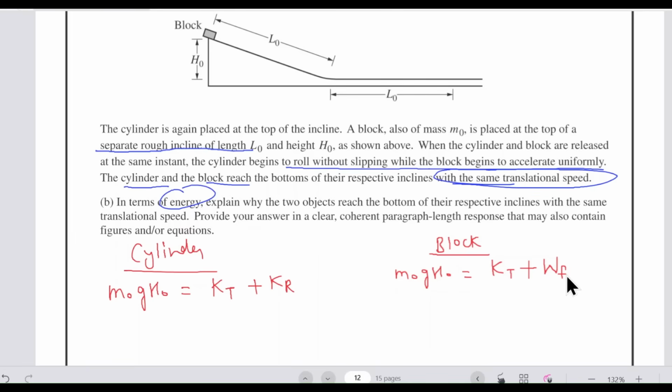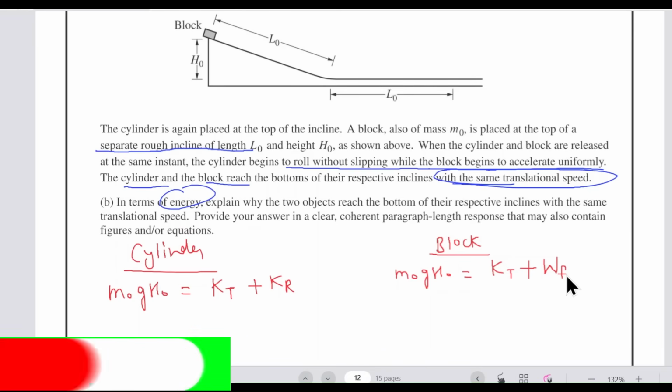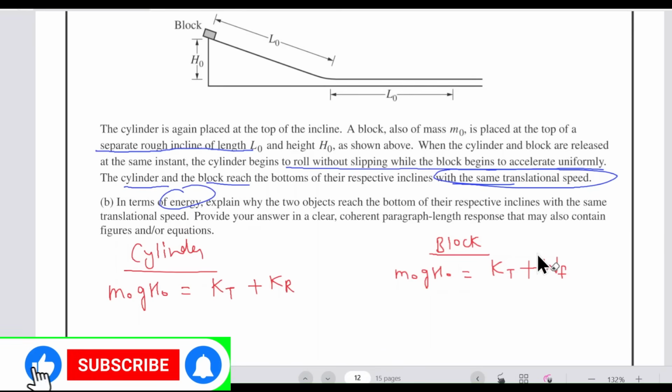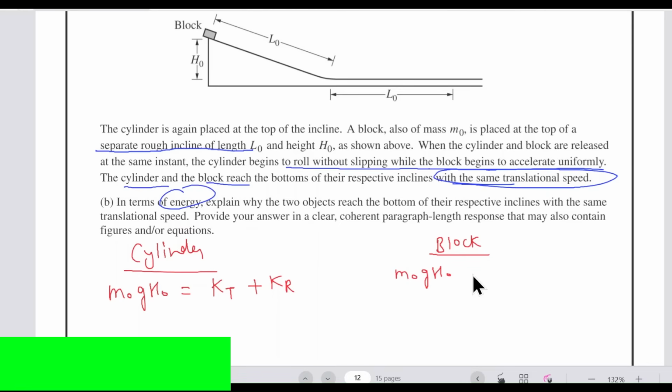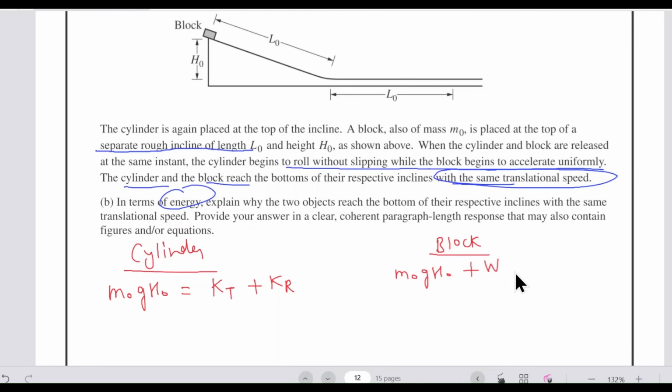In the case of pure rolling, friction doesn't do work, but in the case of a block, as in translational motion, friction does work. In fact, it will make more sense if I put this work done by the friction on the left side, because as per the conservation of total energy, initial energy plus work done by the non-conservative force, which is friction, is going to be equal to translational energy.